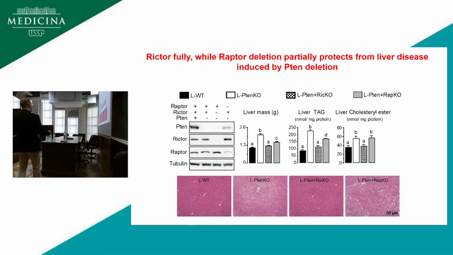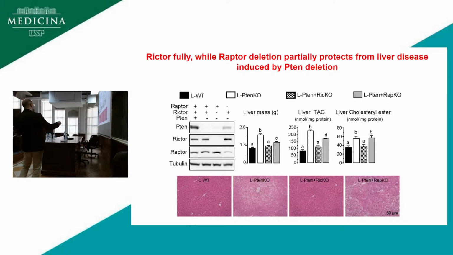So we followed these mice over time. What we saw was that, as you can see here, PTEN deletion increased liver mass. And this increase in liver mass induced by PTEN deletion was completely abolished when we deleted rictor in hepatocytes, but was only partially reduced when we deleted raptor and mTORC1 in these hepatocytes.